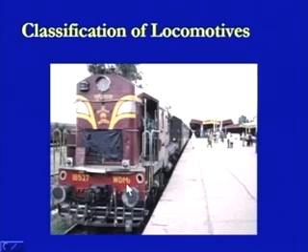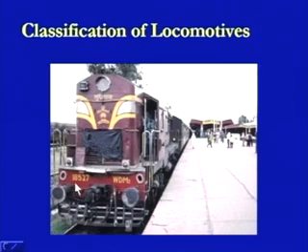Now this WDM2 means it is going to be used for broad gauge because of W, it is a diesel traction because of D, and this is M, it means it can be used both for mixed condition, that is for passengers as well as for goods. And 2 is the category, meaning there was a previous case also where WDM1 was there.